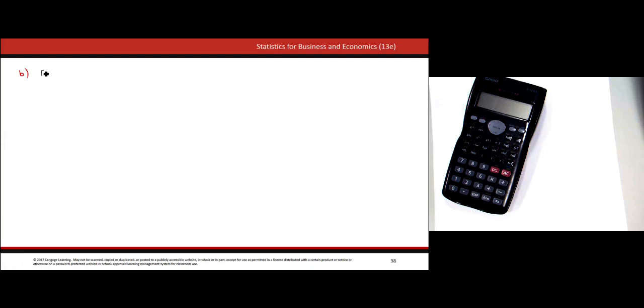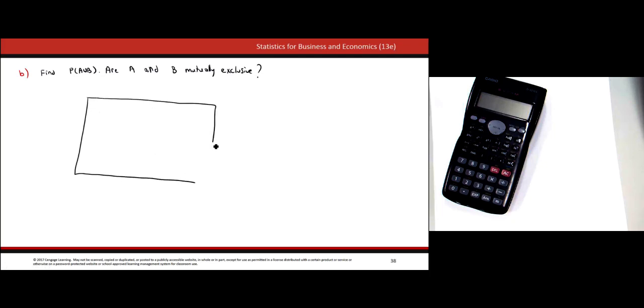Now find probability of A union B. Are A and B mutually exclusive? Let's first draw the Venn diagram to see this better.